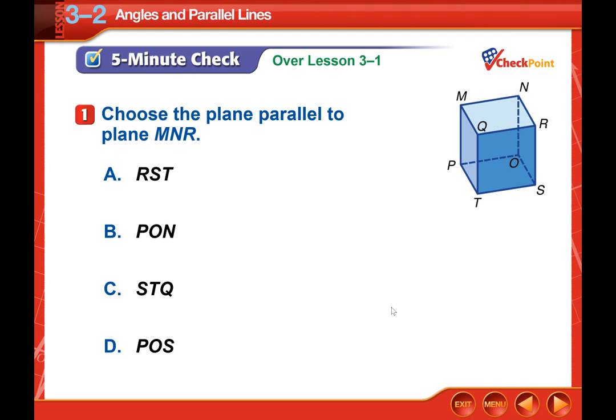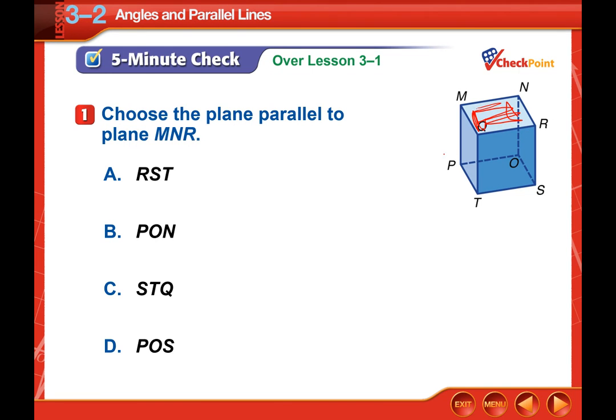Number 1 here. Choose the plane parallel to plane MNR. MNR is this plane up here. We need something that is parallel to MNR. That's going to be somewhere here at the bottom.